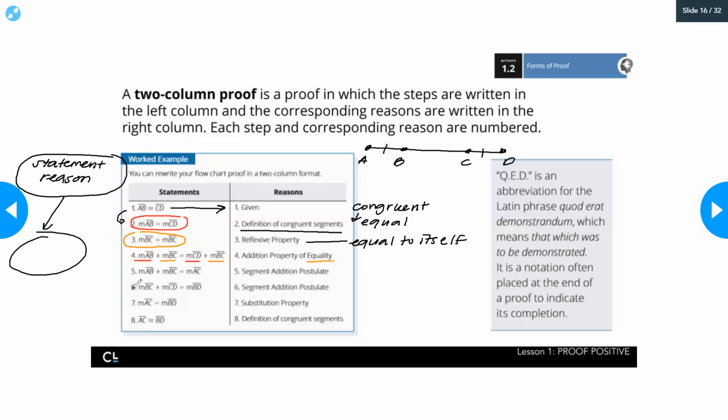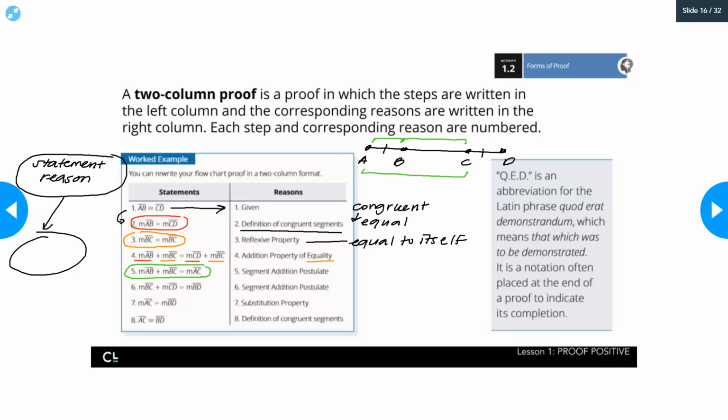Next two pieces happen almost side by side because they look the same and they are using the same reason. For here, we are talking about the line segment, the measure of AB plus the measure of BC will equal AC. So seeing how when we add pieces together, we get a whole over here.